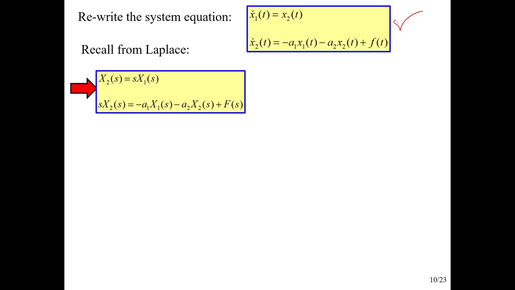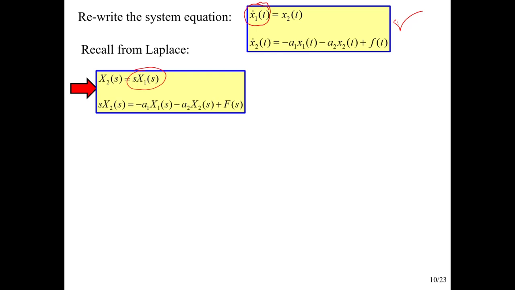And so what we can do is remember that a derivative corresponds in Laplace world to multiplying by an s. And since we're striving to find a transfer function here, we're assuming initial conditions are 0, because that's the condition under which the transfer function is defined.